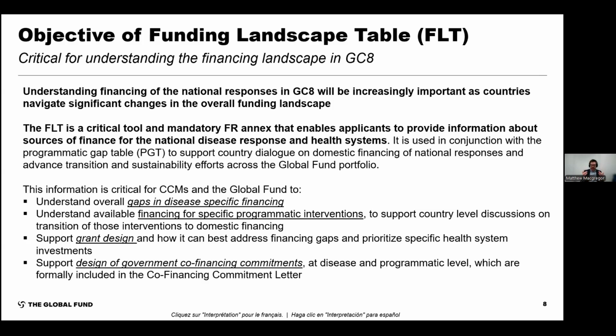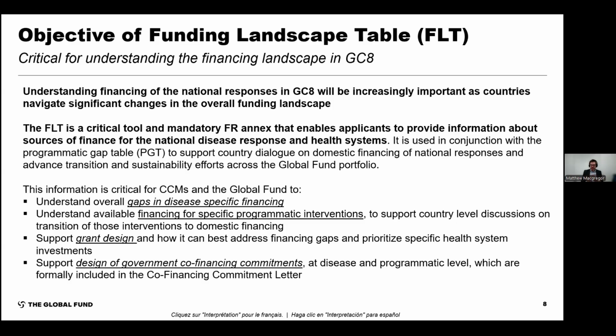So as we drill down and look at the national response more specifically, and as we think about transitioning specific interventions to domestic financing, it helps us understand the current financing of those specific interventions. It helps us support grant design, so we can really think about where to best use Global Fund financing to address some of those gaps.